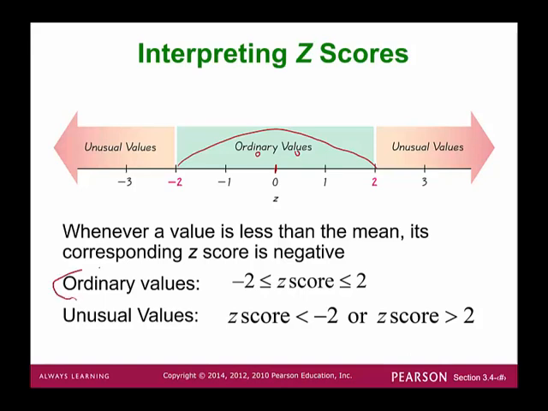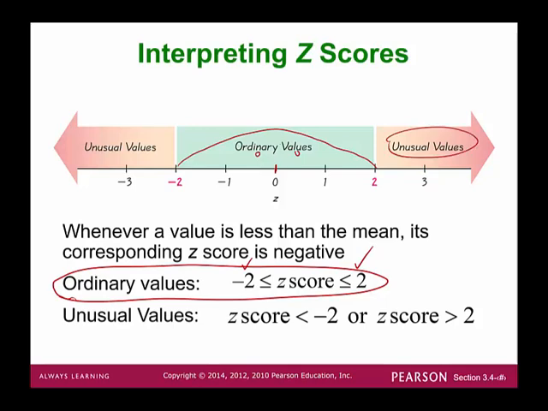Ordinary values occur when Z-score is greater than or equal to -2 and less than or equal to 2.